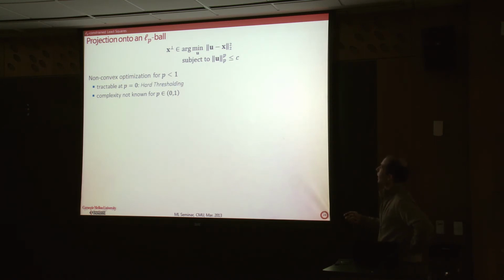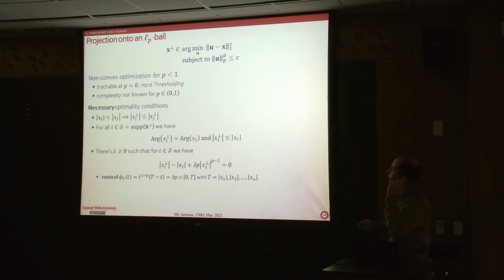One thing that remains is the projection onto an LP ball, which is still an open problem. To have the LP-PGD algorithm work, we need an algorithm that can give us the projection onto a non-convex LP ball. For p equal to 0, we know this algorithm, which is the simple hard thresholding. But for p strictly between 0 and 1, we don't know how complex that projection is.